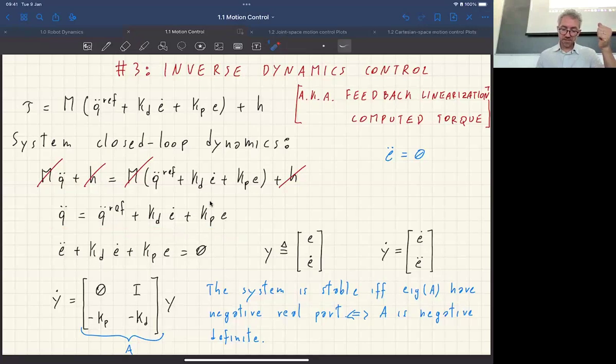So if I move everything on one side, what I get is the following expression in terms of the tracking error E: E double dot plus KD E dot plus KP E. So it's a linear dynamical system of order 2 because I get derivatives up to the second one.